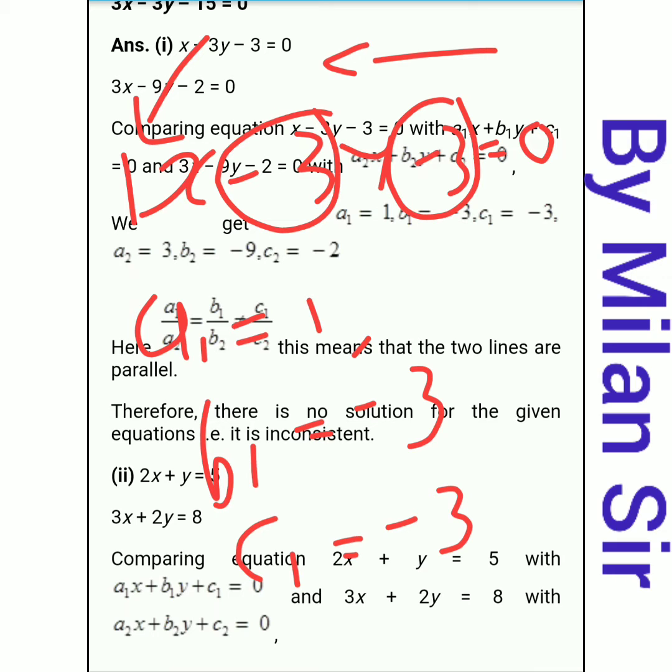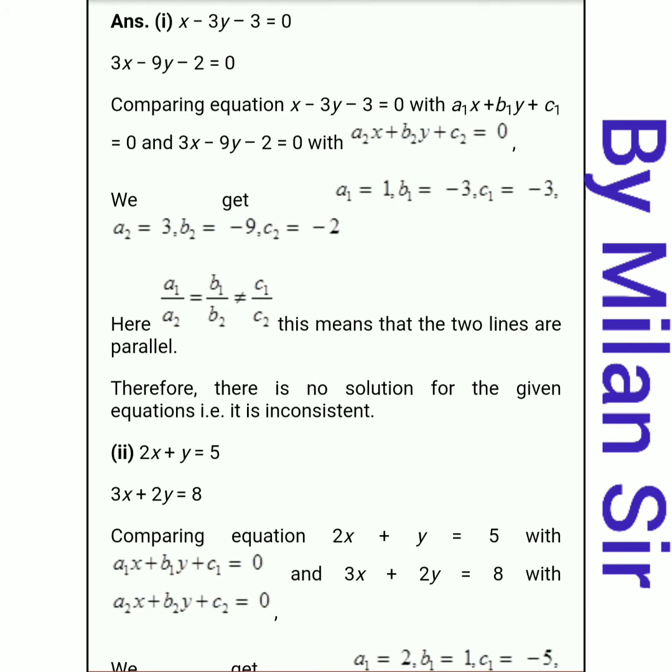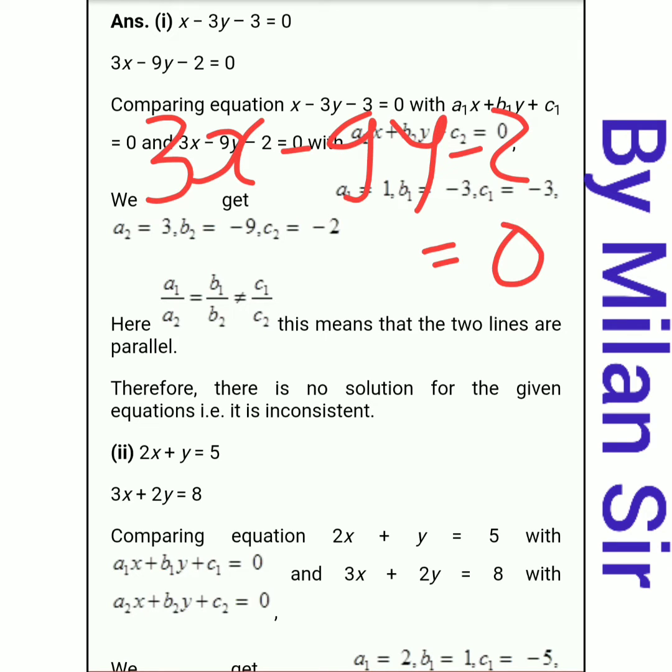So a1 is equal to 1, b1 is equal to minus 3, c1 is equal to minus 3. We compare our equation with a1x plus b1y plus c1 is equal to 0. Then equation number 2, 3x minus 9y minus 2 is equal to 0.